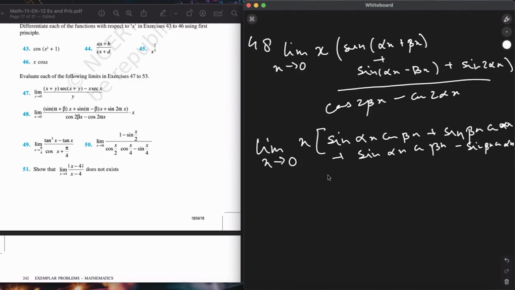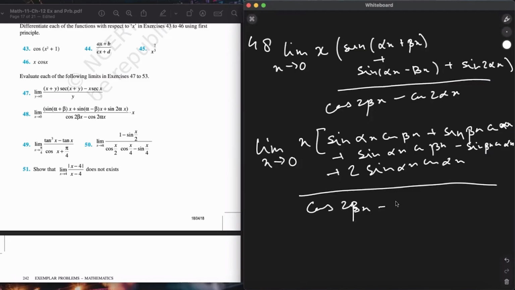And sin 2 alpha x I can write as 2 sin alpha x cos alpha x. This whole thing is divided by cos 2 beta x minus cos 2 alpha x.